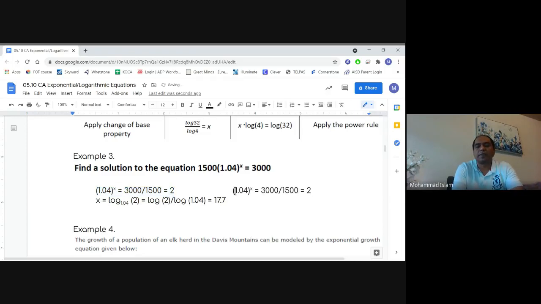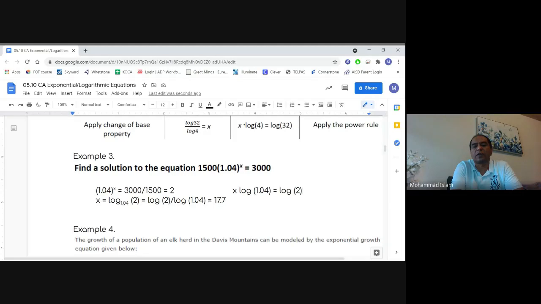So here, what I do is I take x outside, and then I write log of, now I'm not taking log with base 1.04, rather I am taking this as log of base 10. 1.04 is equal to log of 2. Okay, so in the next step, when I divide both sides by log of 1.04, I get the same expression.